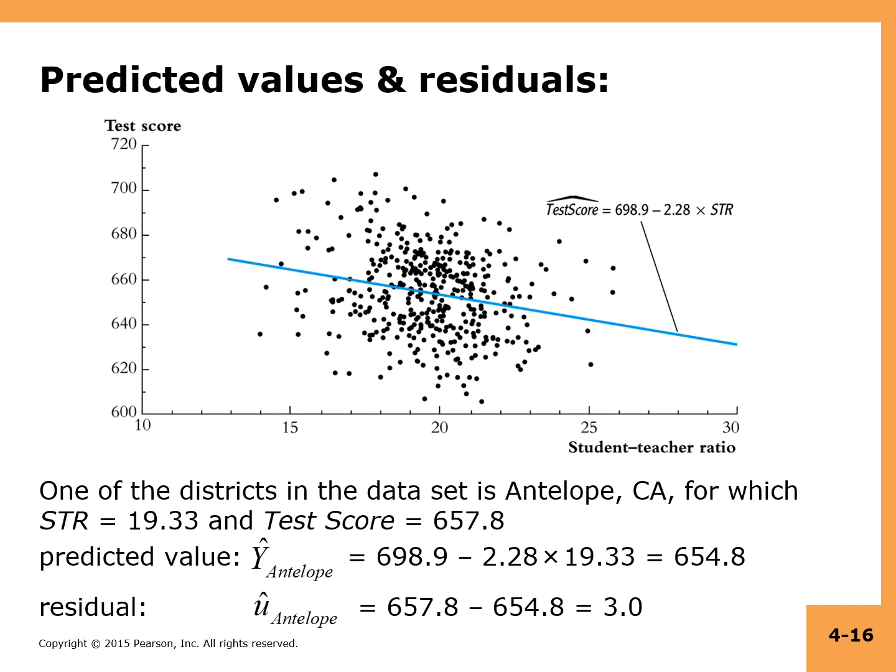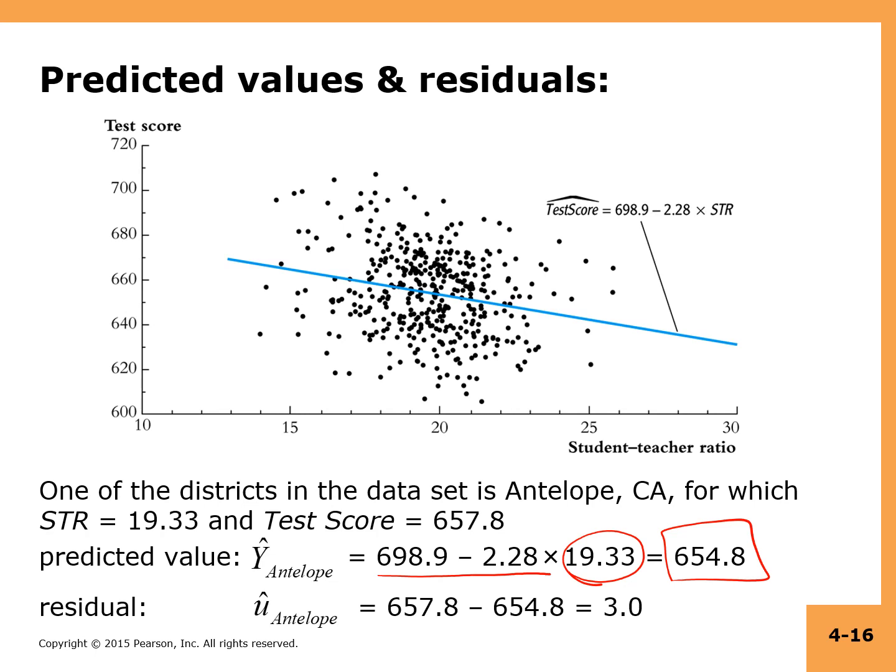Given this number, we can have a predicted test score by plugging in 19.33 to our sample regression line. This gives you a value of 654.8, which is a predicted test score.